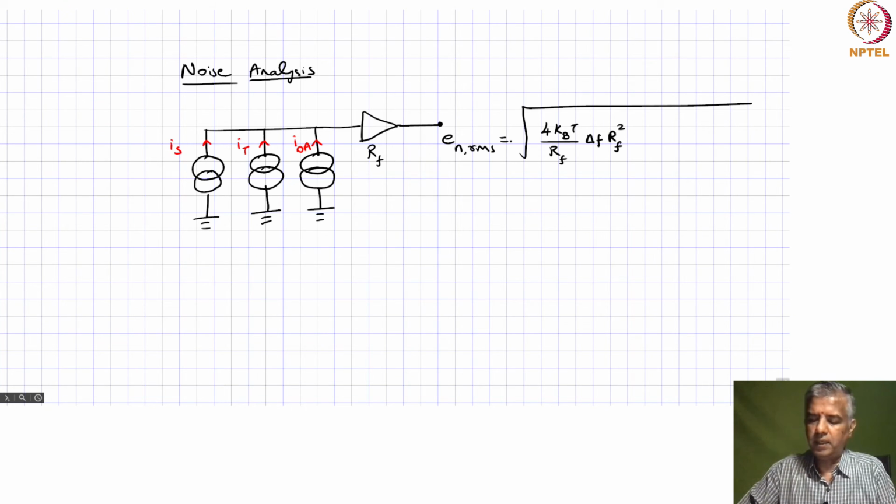What we are interested in is the RMS value, so it's this variance multiplied by R_F square, and then you take a whole root.